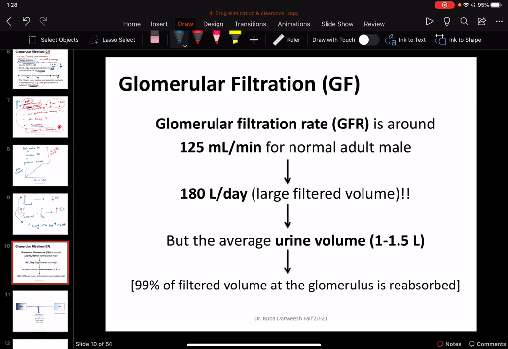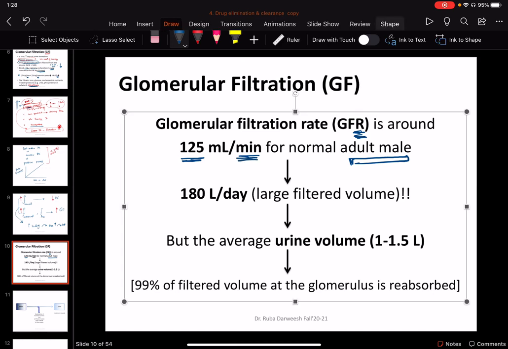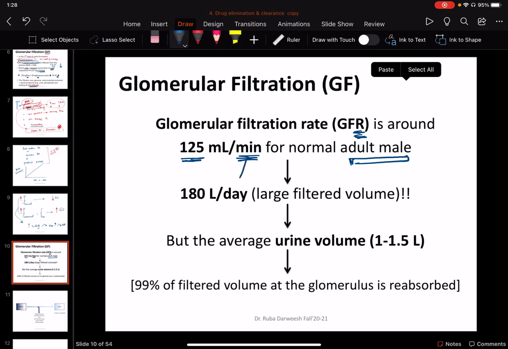The glomerular filtration rate in the average adult male, let's say 70 kg, is 125 milliliter per minute. If we change this unit to liter per day, you will find that 125 milliliter per minute is 180 liter per day.